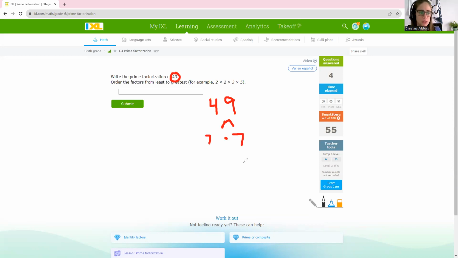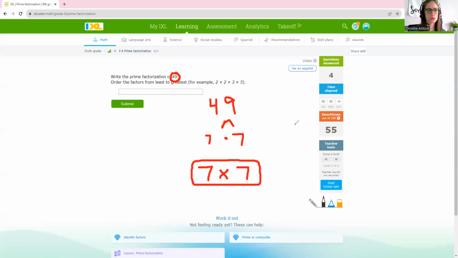Now when we look at those 7 and 7, are those prime or composite? 7 is a prime number because the only 2 factors that multiply to equal 7 are 1 and 7. Therefore, our answer here is 7 times 7. That's our prime factorization.